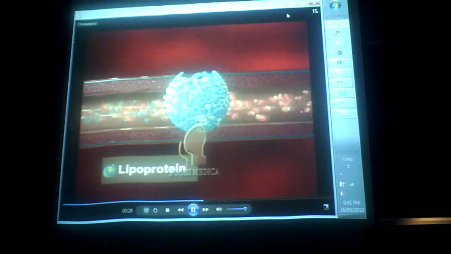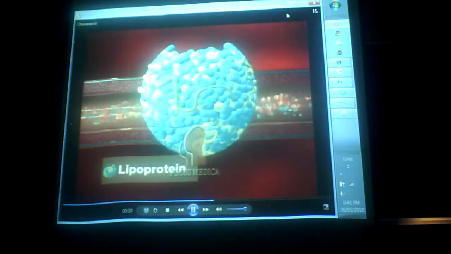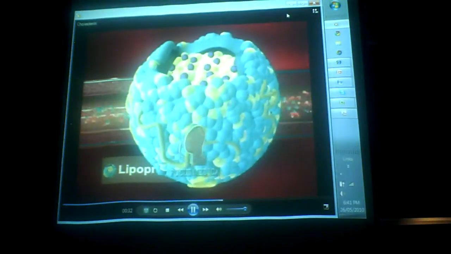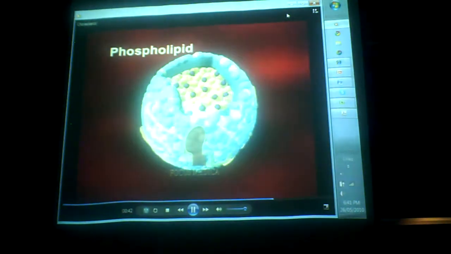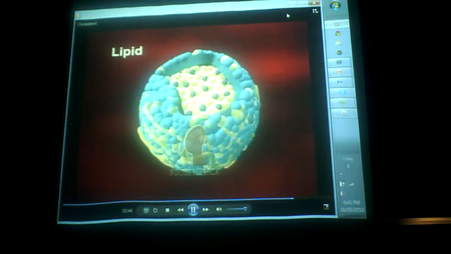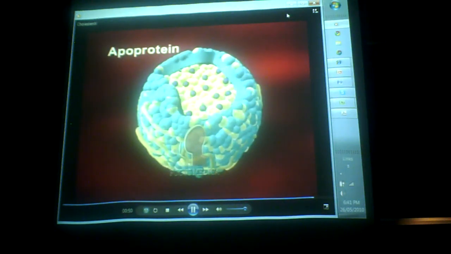Cholesterol is insoluble in water and is packaged in special molecular complexes called lipoproteins, synthesized by the liver in order to be transported in plasma. The lipoprotein particle is composed of an outer shell of phospholipid, which renders the particle soluble in water, a core of fats called lipid, including cholesterol, and a surface apoprotein molecule that allows tissues to recognize and take up the particle.